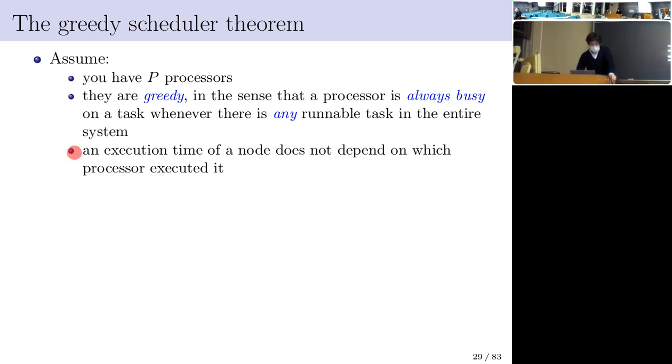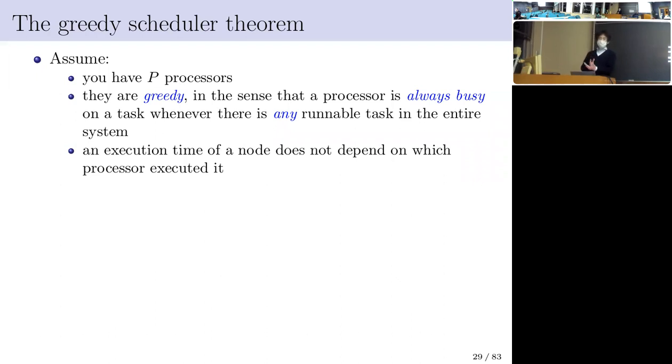And the third assumption is that each task takes the same amount of time, no matter who executes it. This is somehow assuming that all processors look alike, and no particular processor is much more powerful than the others.